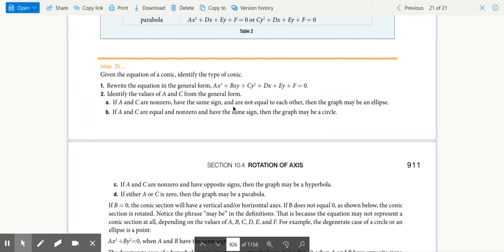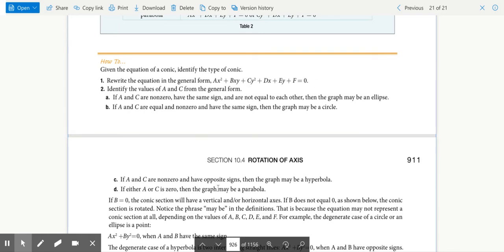So instead of saying it's going to be an ellipse, it says it may be an ellipse. If A and C are non-zero, have the same sign, and are not equal to each other, then the graph may be an ellipse. So if you have the BXY term, you can guess at what your conic section might be, but you can't actually be sure just by looking at the equation.